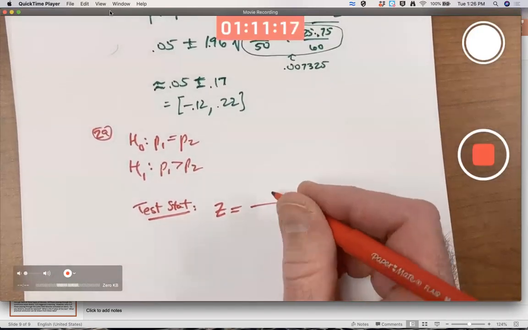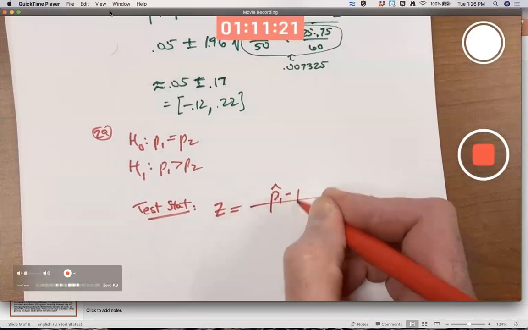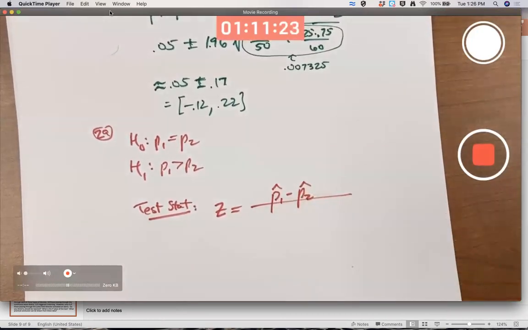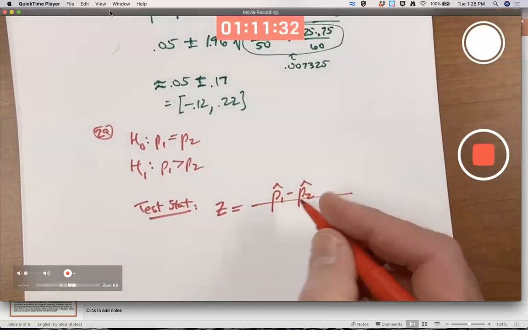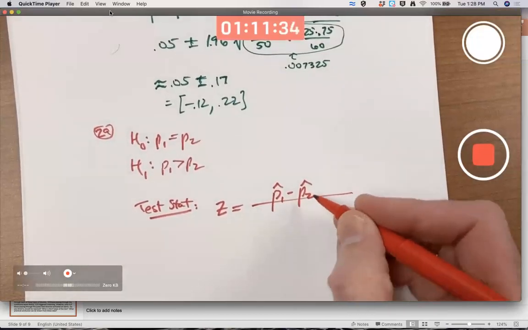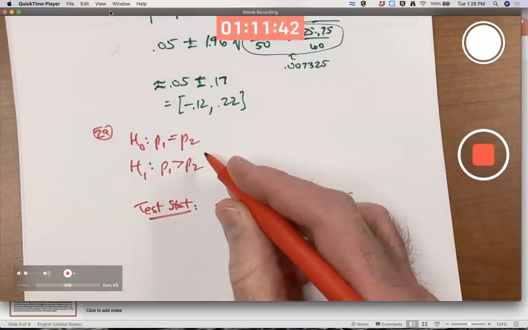The simplified formula is P1 hat minus P2 hat in the numerator. But to tell you the truth, technically speaking, that should be thought of as P1 hat minus P2 hat minus a null value for the difference P1 minus P2.